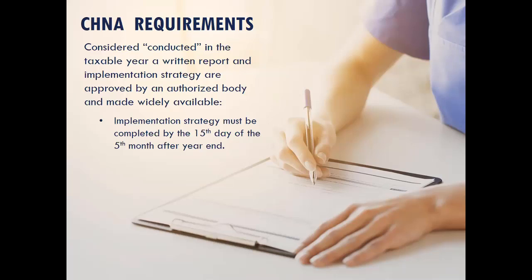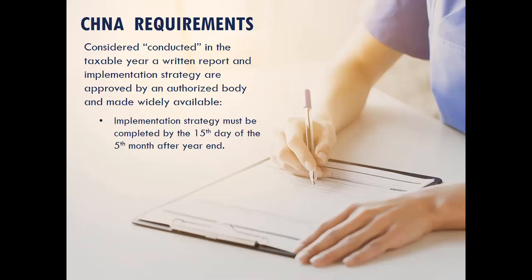So that is done by the last day of that taxable year. The implementation strategy, which is the strategy as to how you're going to meet the needs, doesn't have to be approved and made available until the 15th day of the 5th month after year end. And that's the same day as your tax return is due.